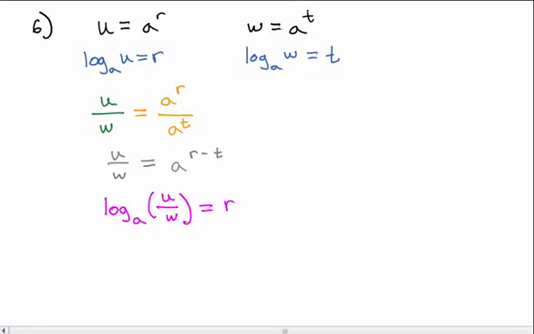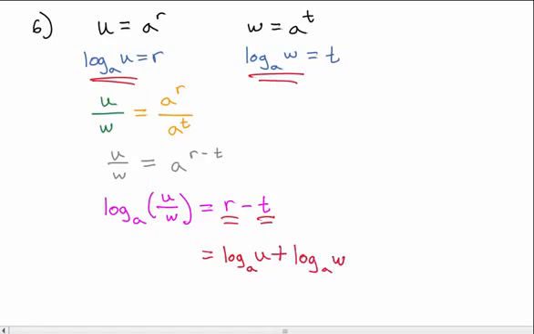It's going to equal the exponent r minus t. But again, we know that r is log base a of u, and t is log base a of w. So we get this new property that log base a of u over w is equal to the log of u plus the log of w.